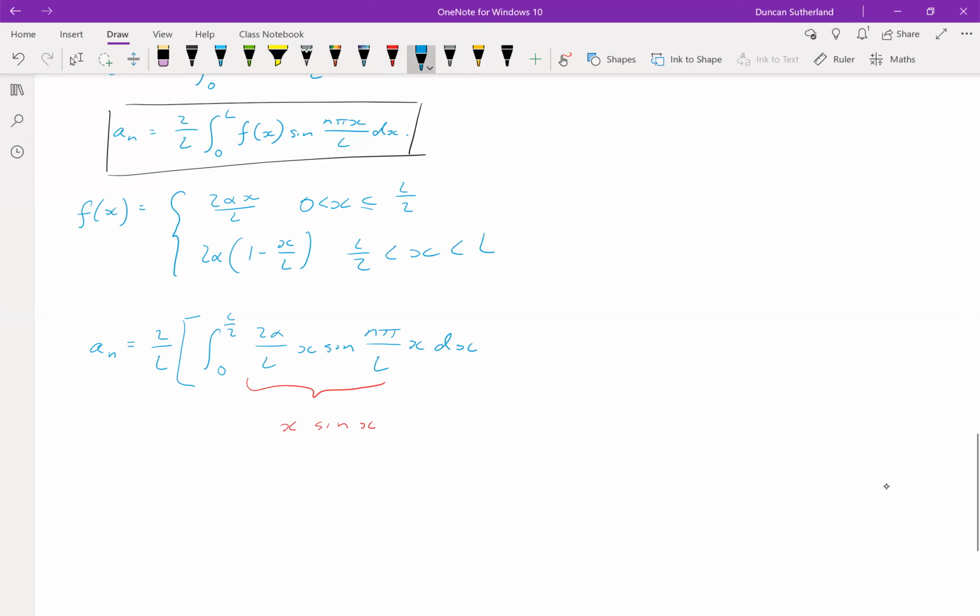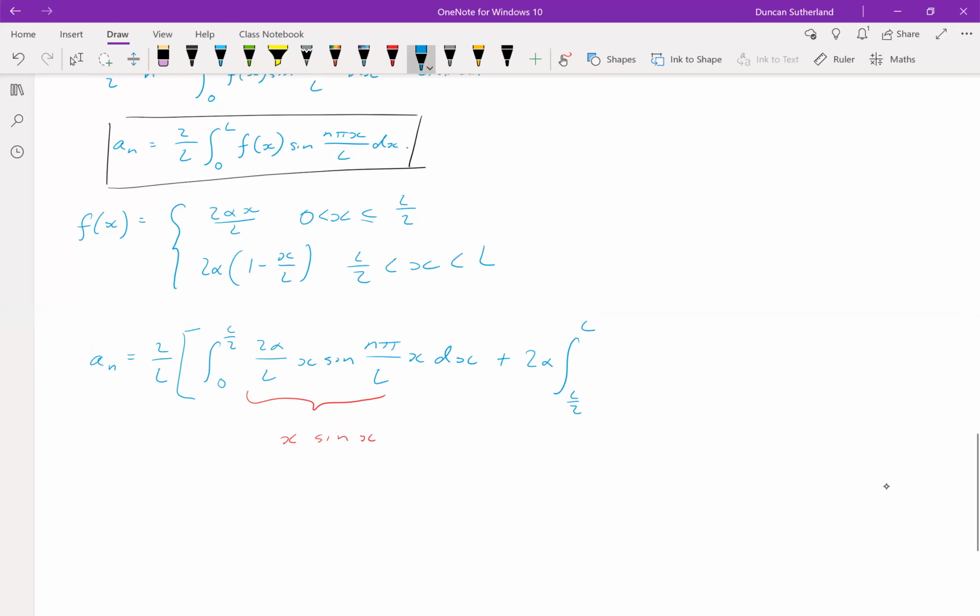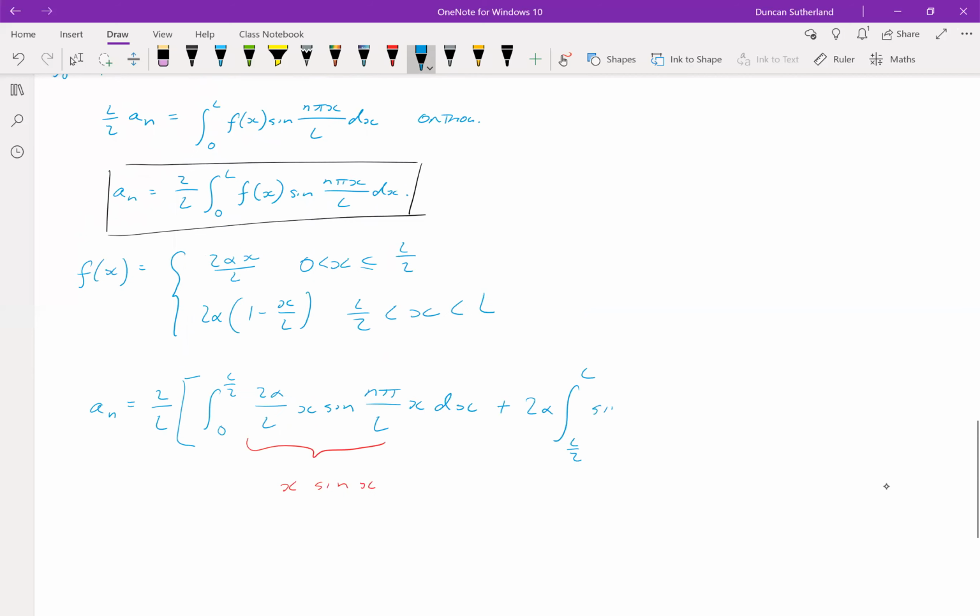The next integral has got 2 parts in it, so I'm going to break those 2 parts out as well. Still got the 2 on L out the front here, and we're going to get a 2 alpha out the front of both of these. So 2 alpha times the integral from L over 2 to L of 1 times sine of n pi on L x dx.